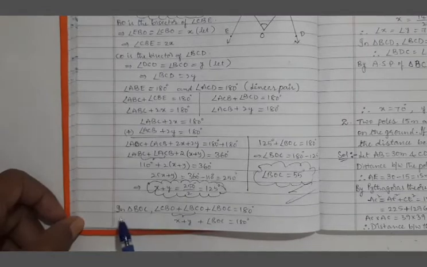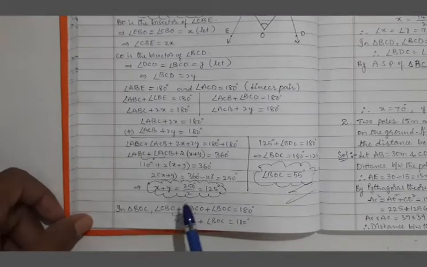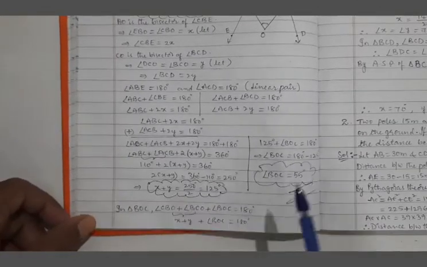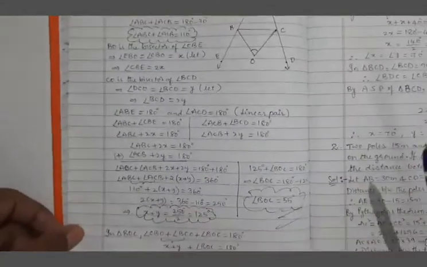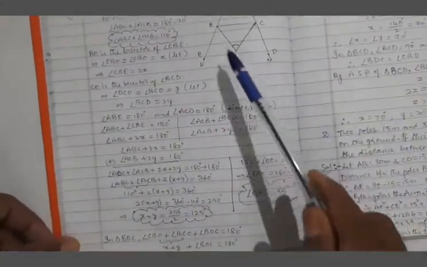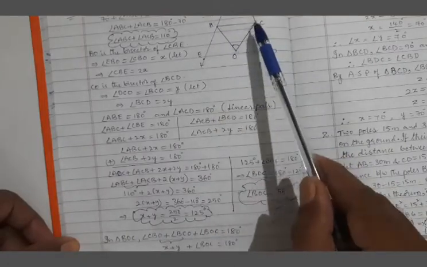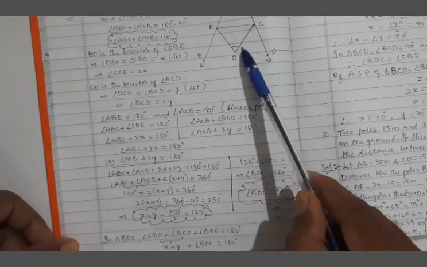Next, in triangle BOC, angle CBO plus angle BCO plus angle BOC equal to 180 degrees. The small triangle you can see in the video as well. Okay, this triangle BOC. The three angles total is equal to 180.